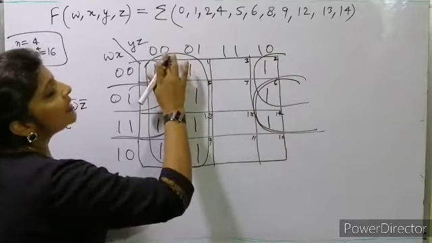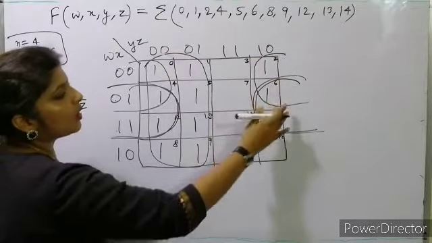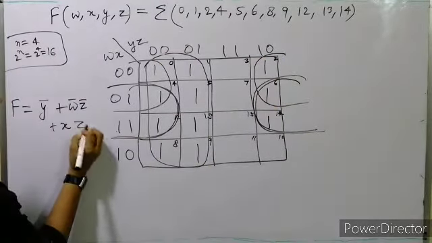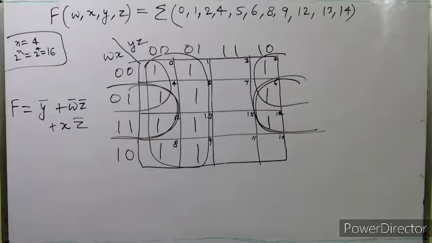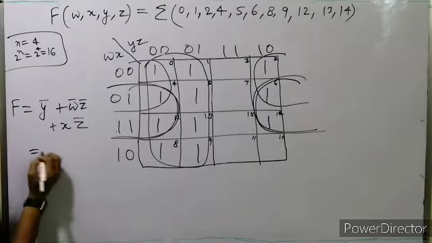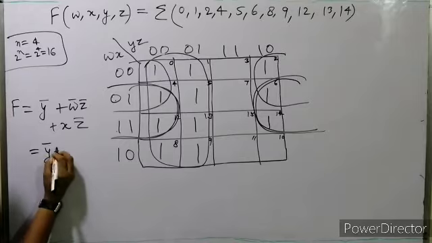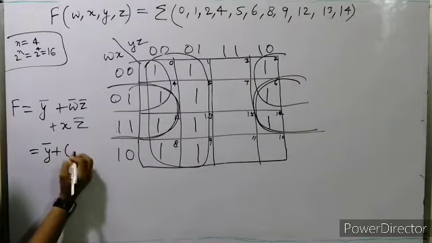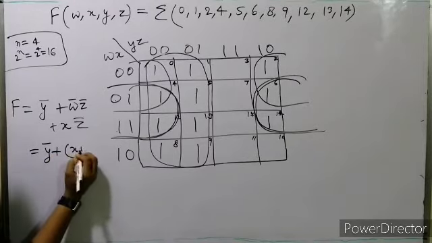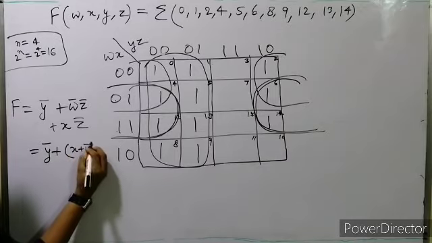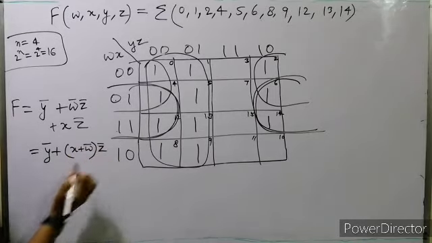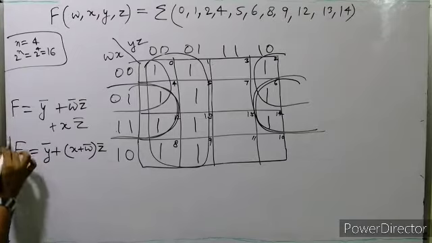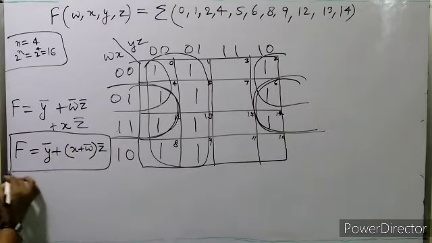So 0, z bar, complement of z is common in all 4, so complement of z, okay. So we want to simplify this further, so we can write like this: y bar plus x plus w bar z bar, okay. So f will be this, this is the simplified form.